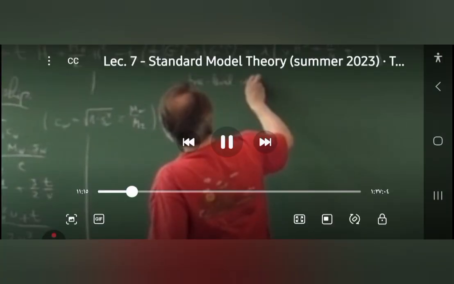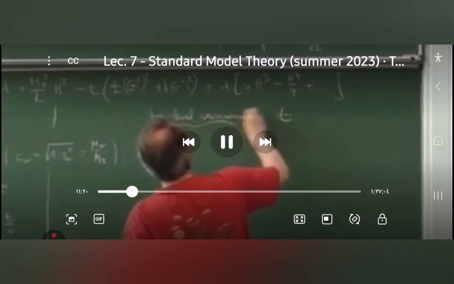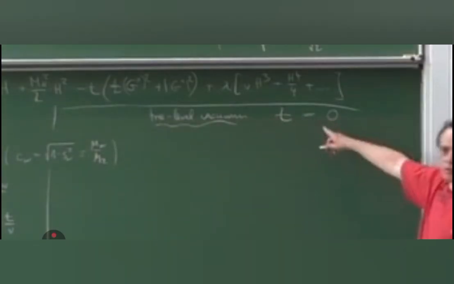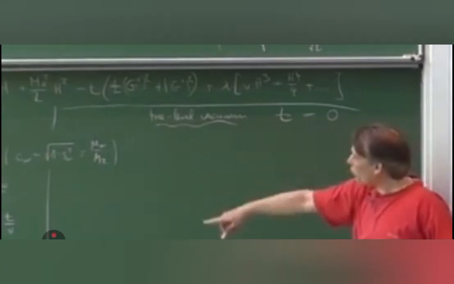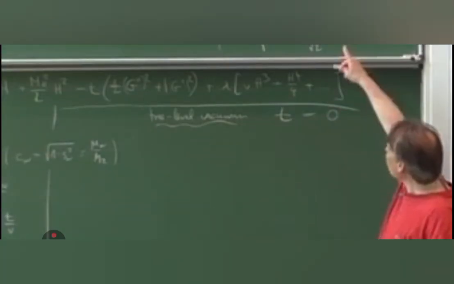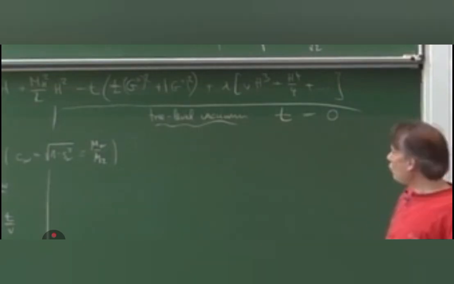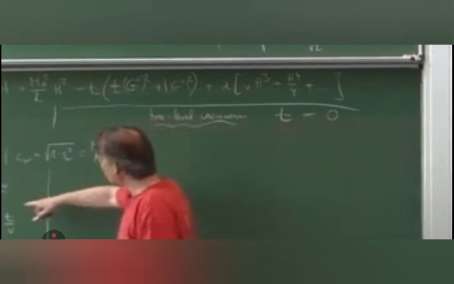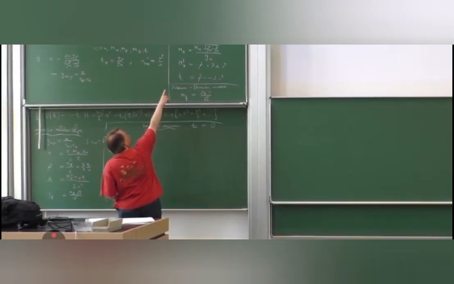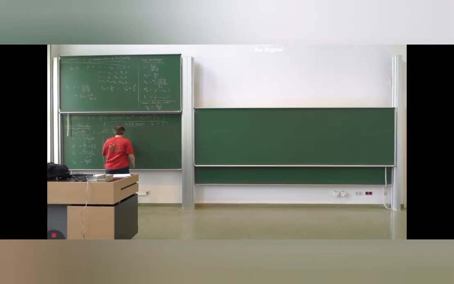Then the tree-level vacuum is of course given by setting this tadpole parameter to 0, and only in this case do all these quantities written on the left and on the top correspond to their obvious physical meaning. Only if that is the case, then m_h squared, m_Z and m_W correspond to the masses of those particles.